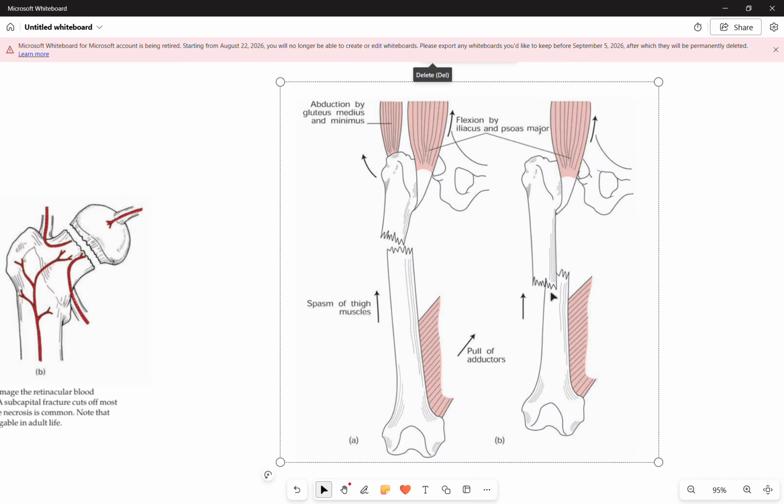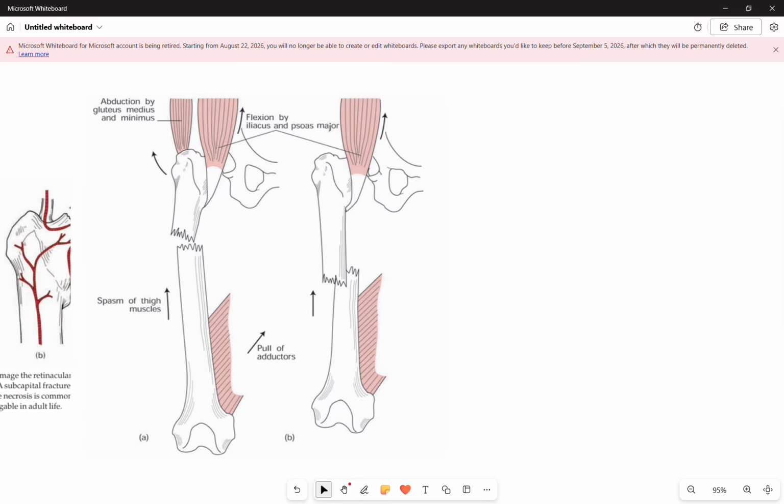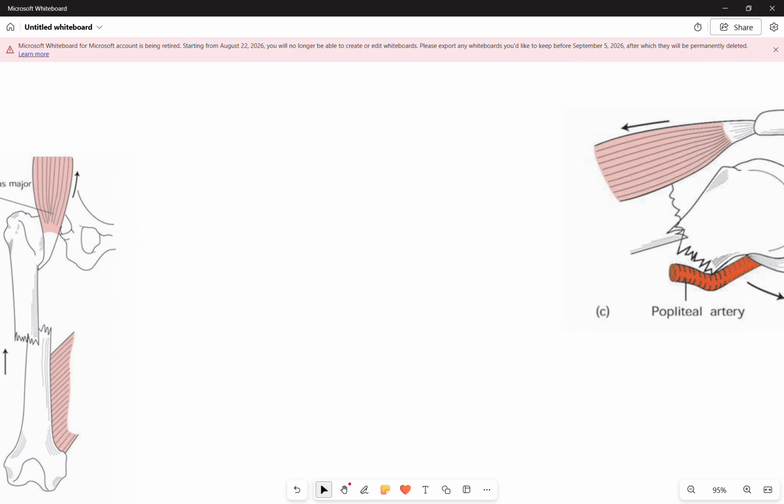The above is going towards abduction and flexion. The distal half is going into adduction, and there is overriding. So you have to reduce these fragments and bring the two things in alignment, and it requires a lot of force.